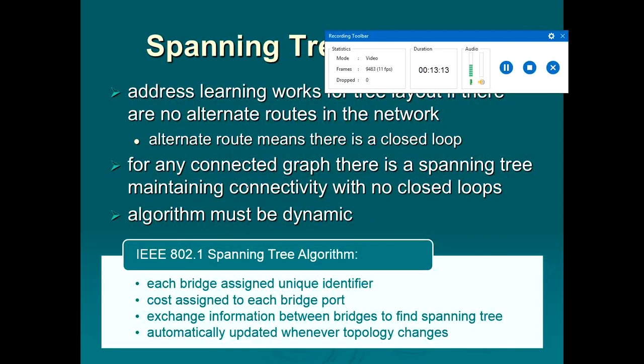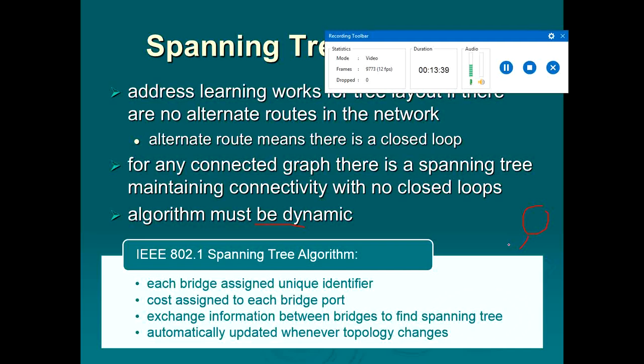So for any connected graph, there is a spanning tree maintaining connectivity, and no closed loops, and the algorithm should be dynamic. To overcome this problem, a simple result from graph theory is used. We need to have a connected graph which consists of nodes. Nodes are nothing but the stations, and the edges are the transmission links connecting the pair of nodes.